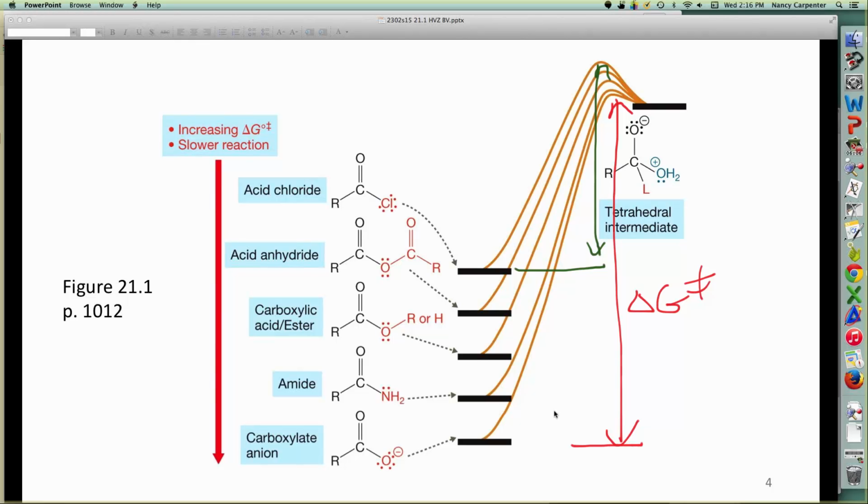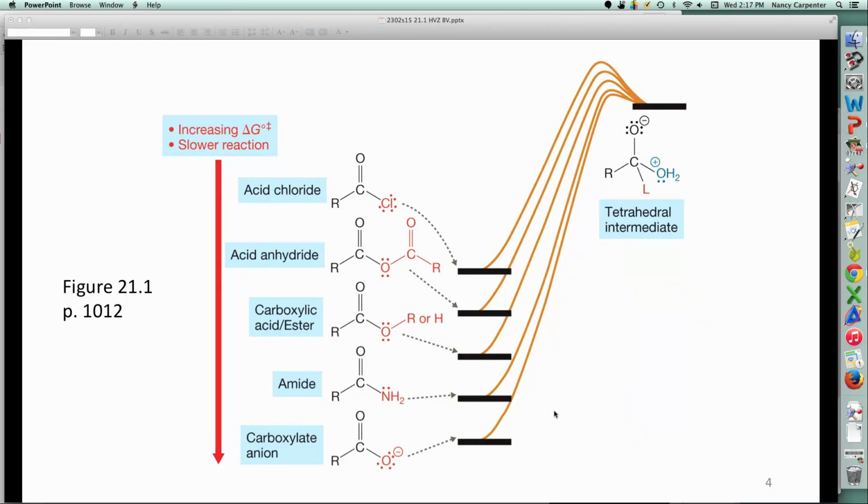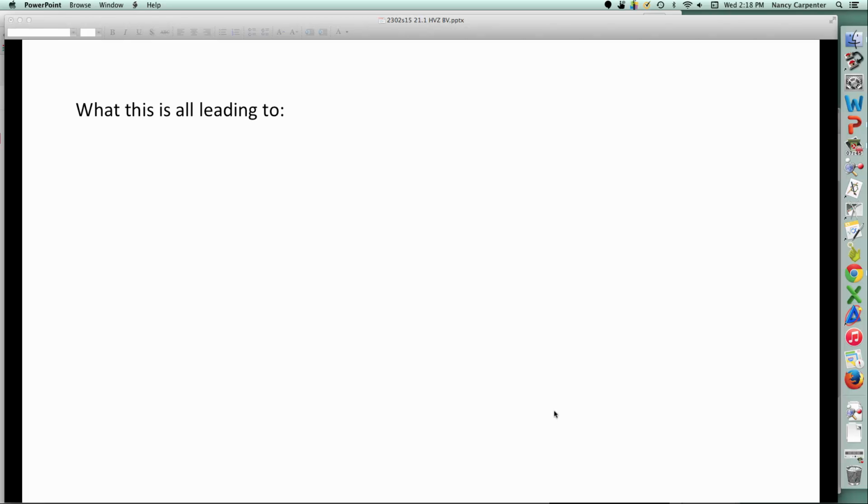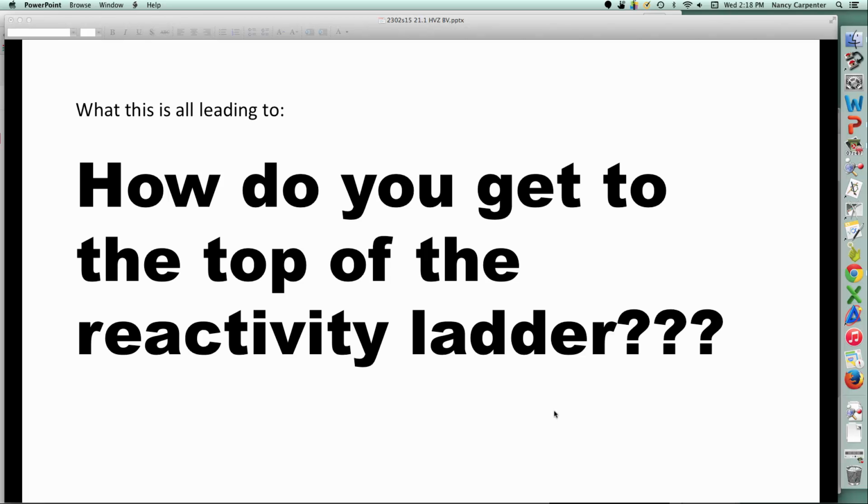The acid anhydride's energy level is so much higher, it makes the delta G double dagger a lot smaller, and thus the reaction a lot quicker. So these all pull everything together to kind of give you a better understanding of why the reactivity ladder is the way it is. And it's basically all leading up to this. How do you get to the top of the reactivity ladder? Because otherwise we're not going to be able to convert any of those less reactive carboxylic acid derivatives to something good.